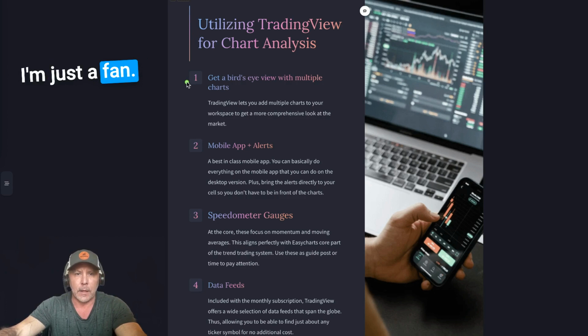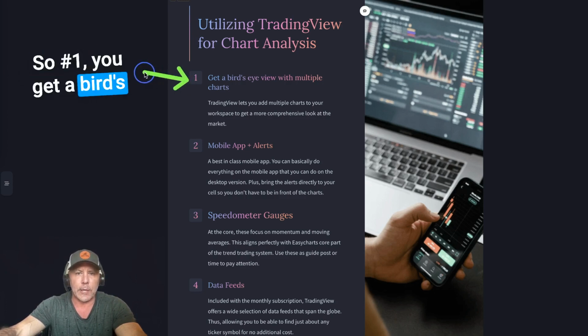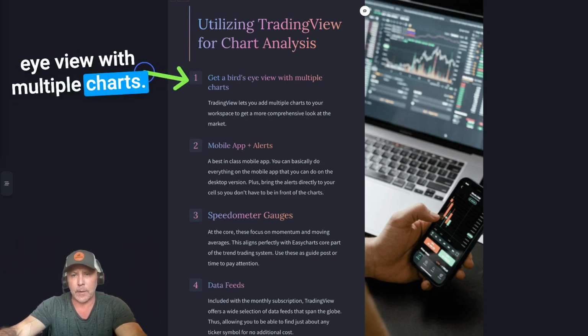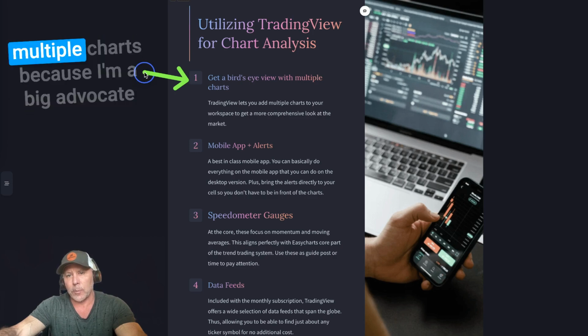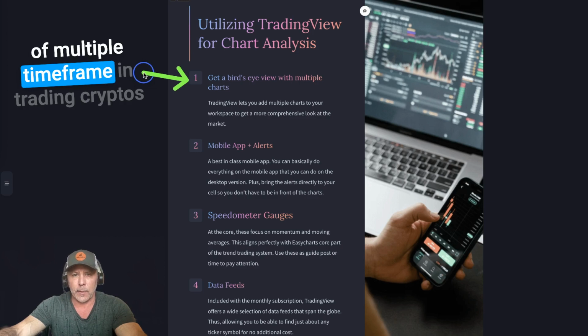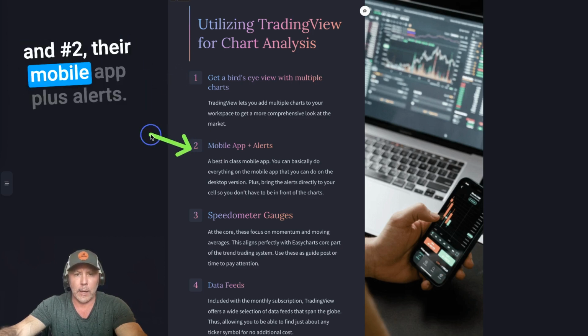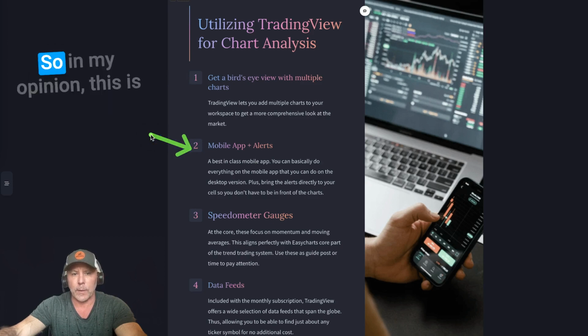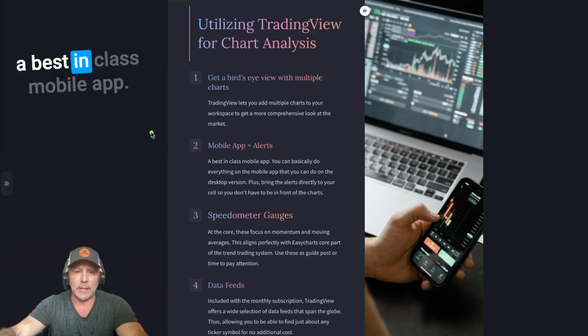I'm just a fan. So number 1, you get a bird's eye view with multiple charts. You're going to know why I mentioned multiple charts, because I'm a big advocate of multiple time frames in trading cryptos. And number 2, their mobile app plus alerts. In my opinion, this is a best-in-class mobile app.